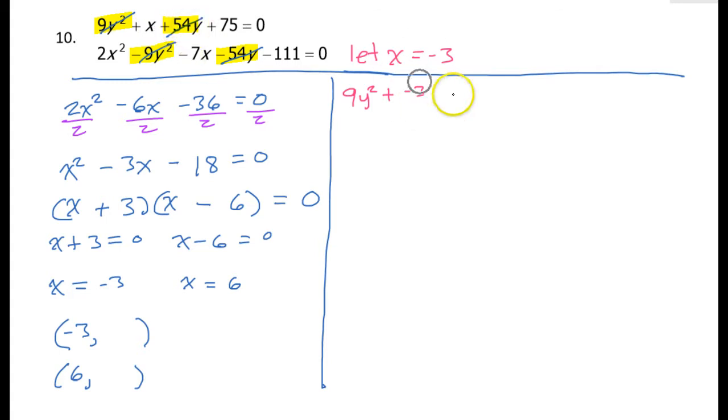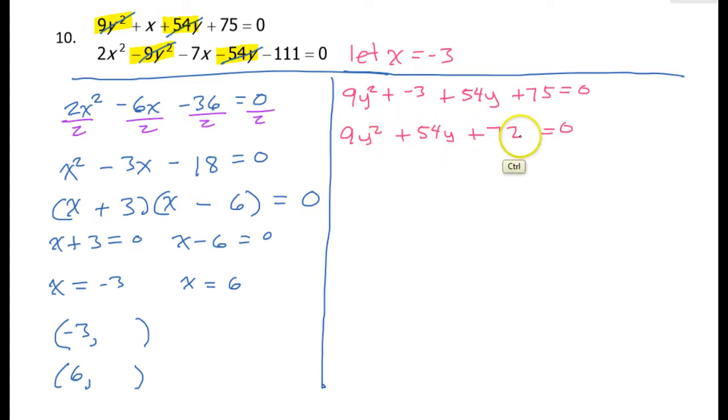Plus 54y plus 75 is equal to 0. So this is 9y squared. Like terms, negative 3 and 75, that's 72. So I have 9y squared plus 54y plus 72 is equal to 0.